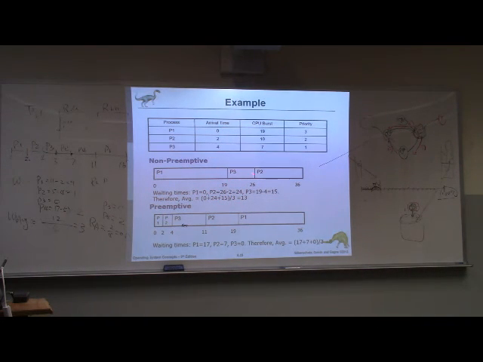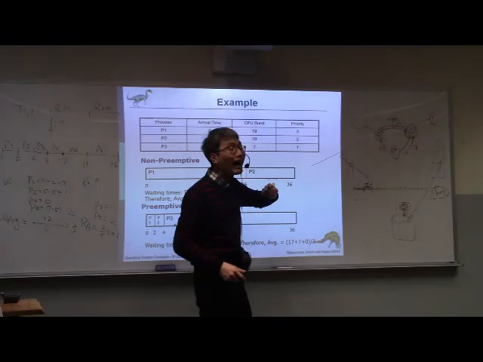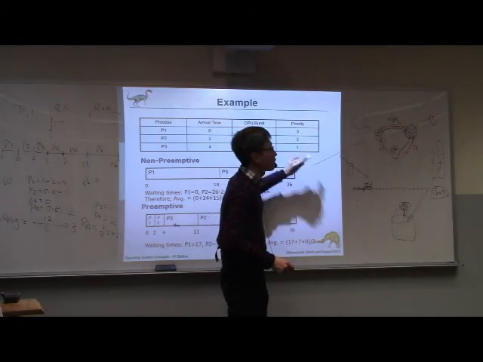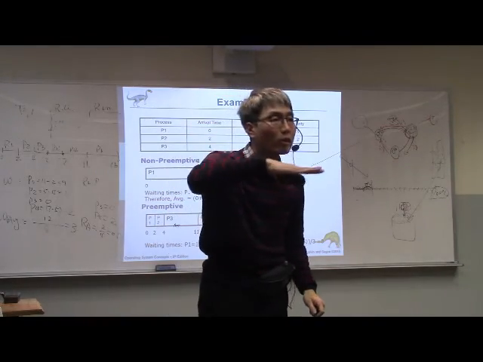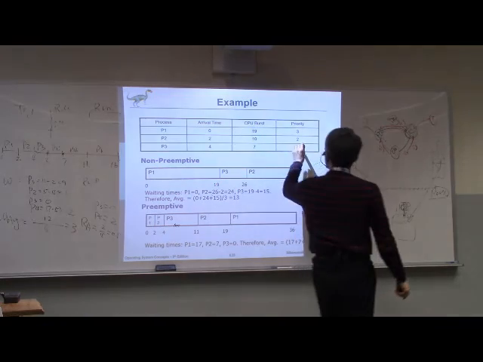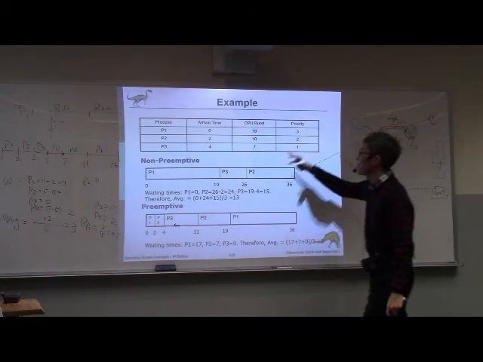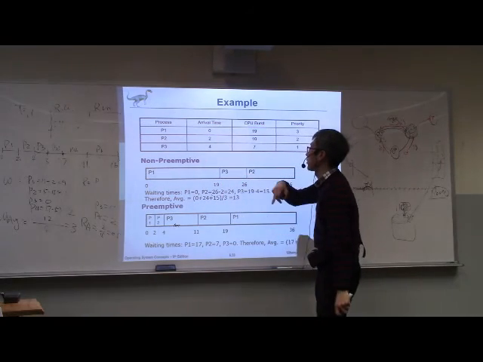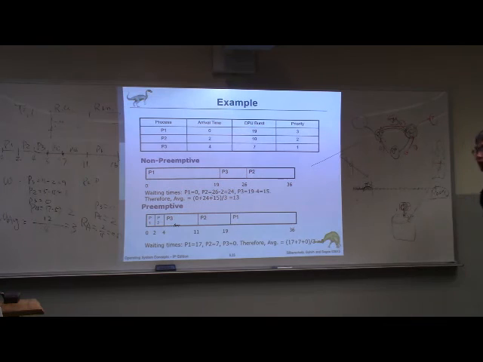Why is P3 selected next? Because P3 has a higher priority. Don't be confused: in computer systems, a lower number is always a higher priority. So P3 has a higher priority than P2, and it takes all the CPU resources until terminated, then P2. Then we can calculate the average waiting time.